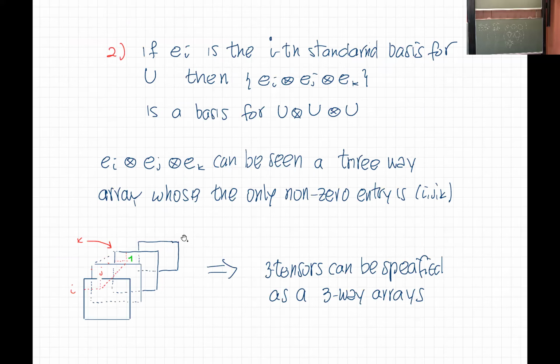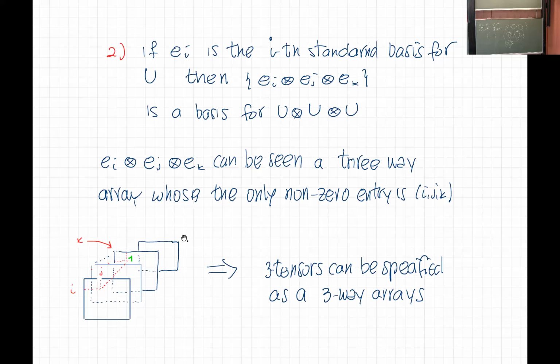Just examples. Other examples, to make you understand a bit better the set of polynomials I will introduce later. Let's say, for example, that e_i is the i-th standard basis vector for a vector space U. Then this product here is a basis for this tensor product vector space.